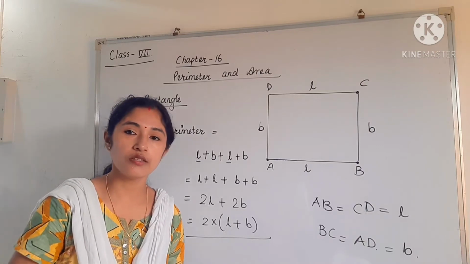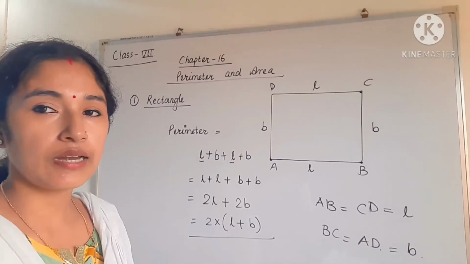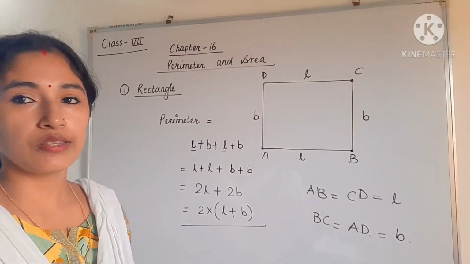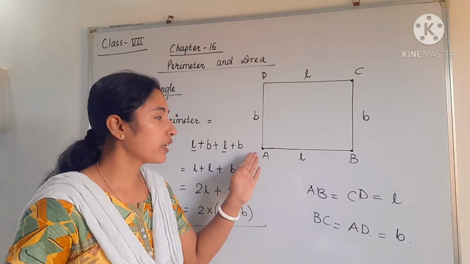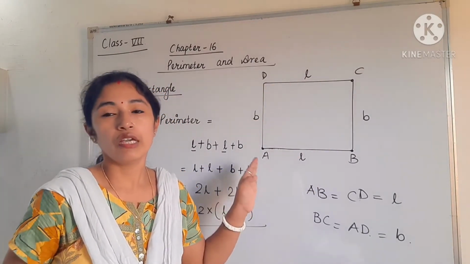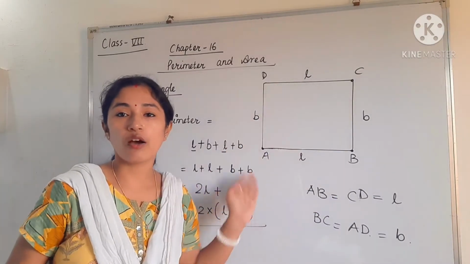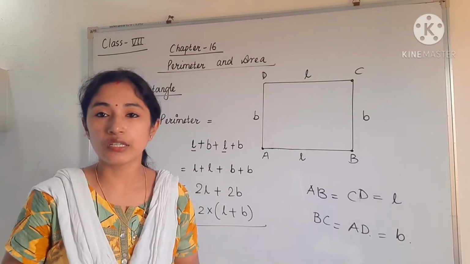rectangle. Okay, students. So one more thing you have to remember, that sometimes in question they ask that we are running or we are walking around the rectangular field and we are running 2 rounds. Okay, so we are not running 1 round, we are running 2 rounds or 3 rounds or 4 rounds.